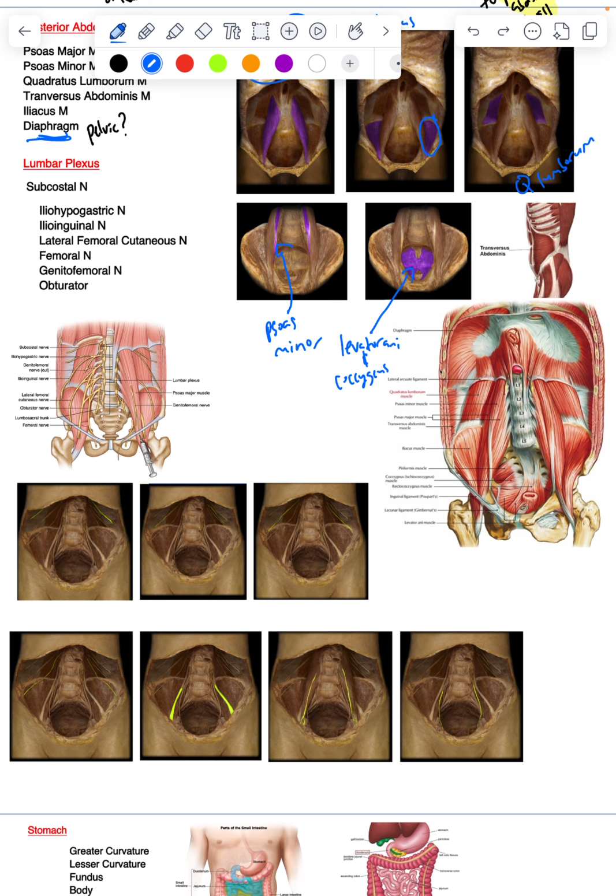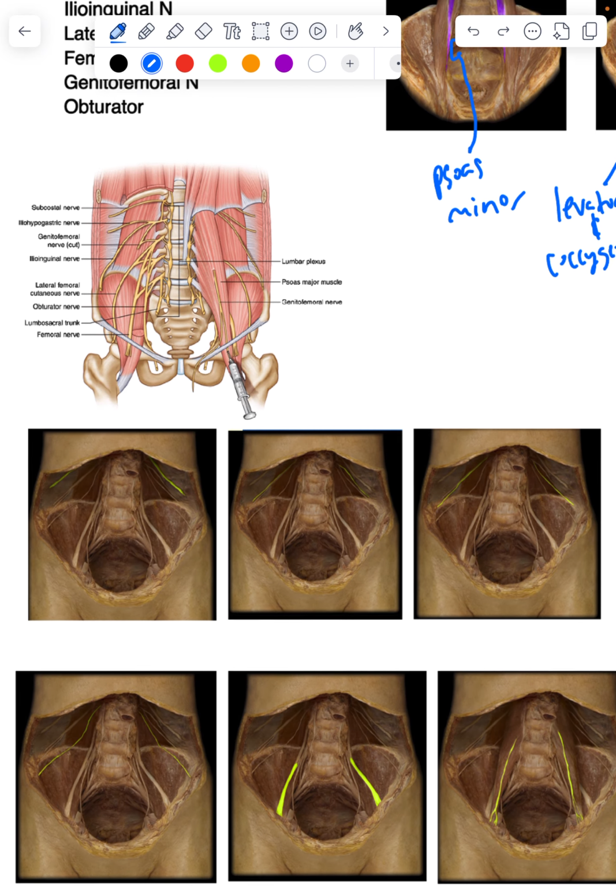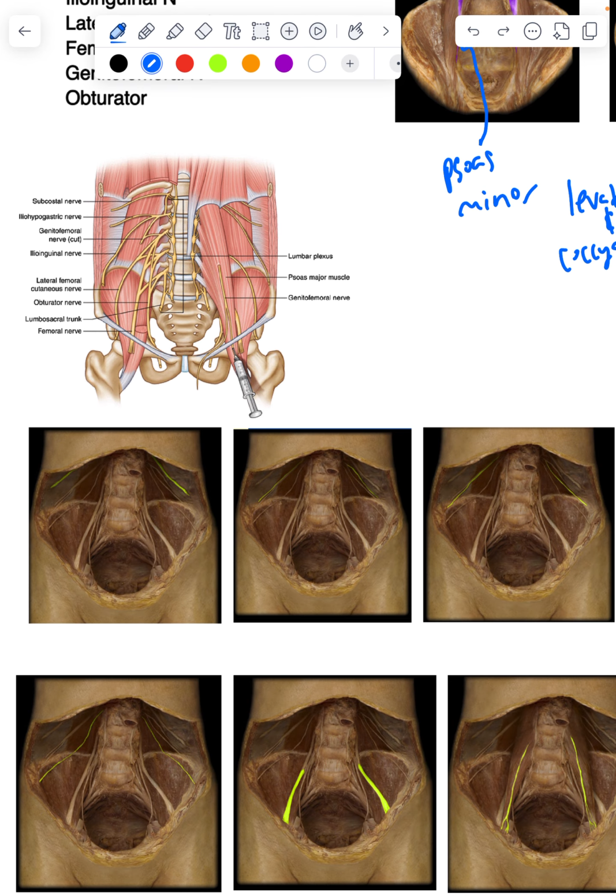So if they're going to pin any of these nerves, they're going to show you all of these. They're going to show you this going this way, this going this way, this going this way. You would see your psoas and the nerve on it, and then the one medial to it. So the highest one is the lowest of your thoracic.